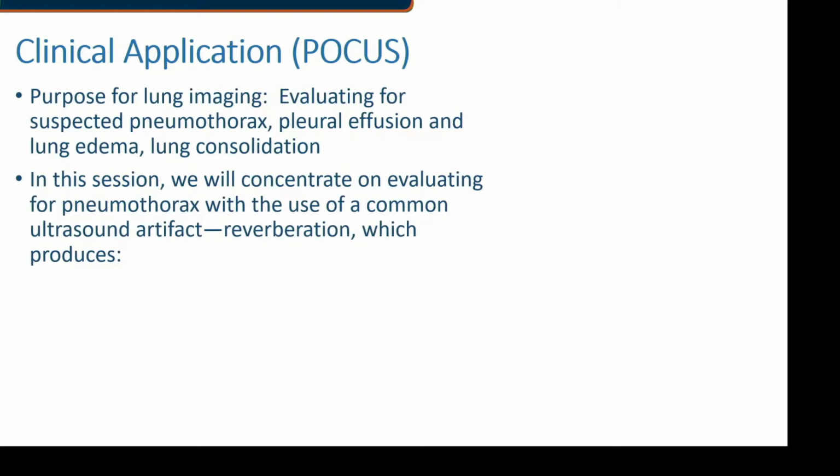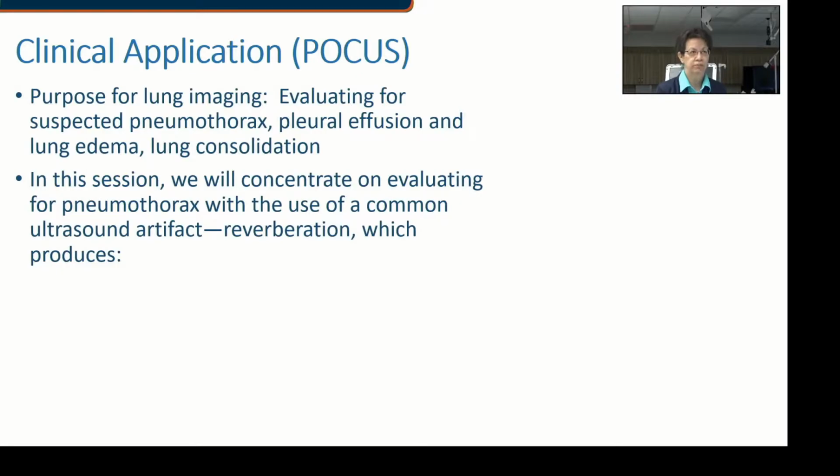Remember that we can't actually directly see the lungs because they're filled with air. So we're going to rely on reverberation, and so we will rely on A lines, B lines, and the lung sliding effect. And these are all artifacts that we see due to the reverberation artifact of the sound wave.